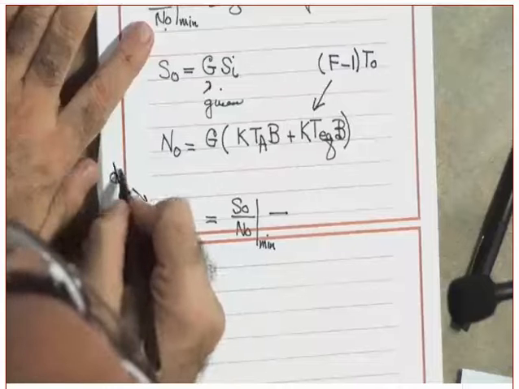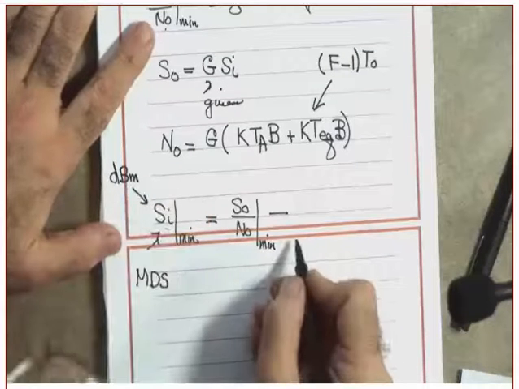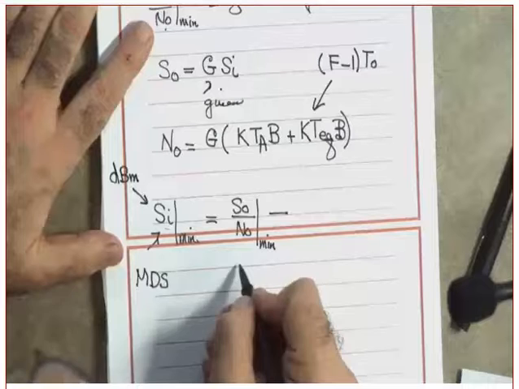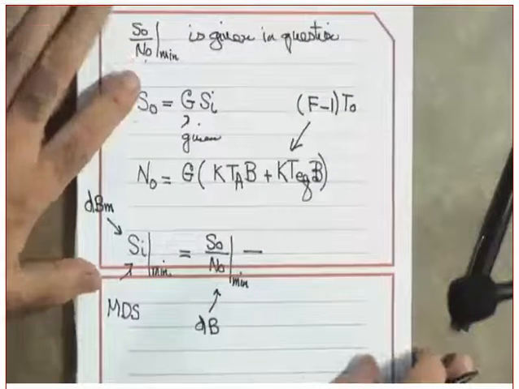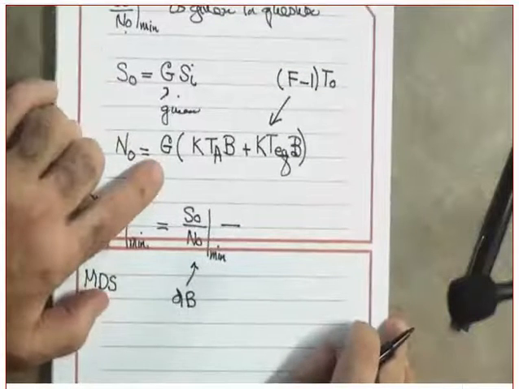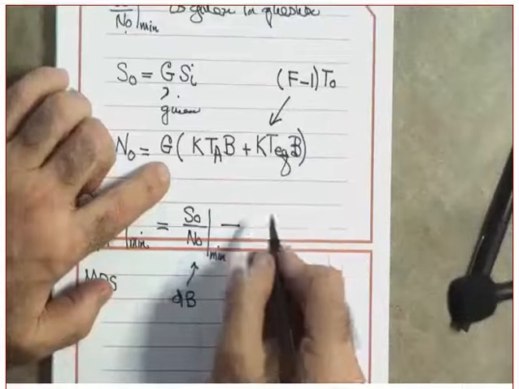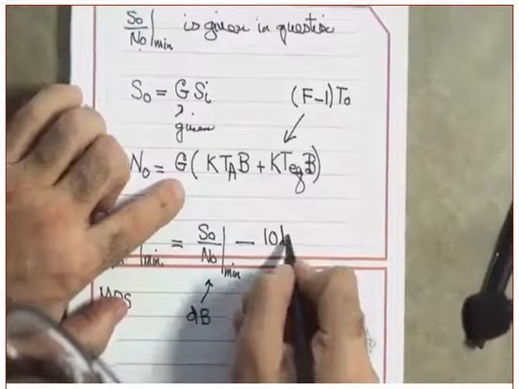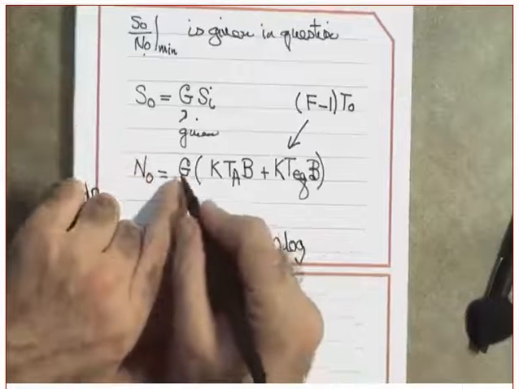This is in what? dBm. Yes or no? Help me. This is in dB. With the G.